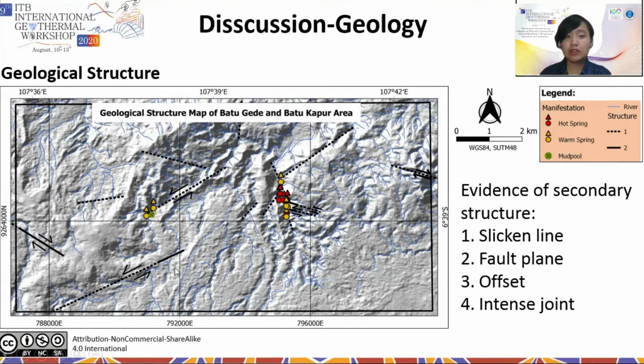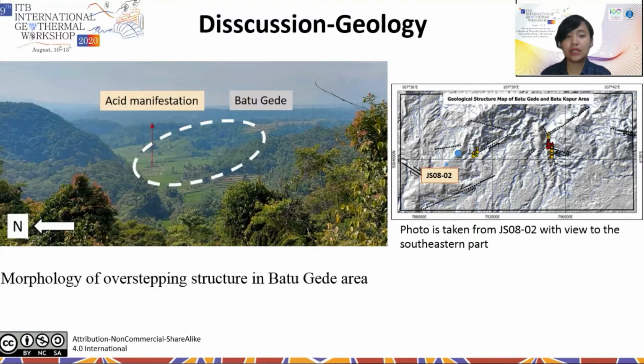We can see that the Batu Gede area is cut by a sinistral strike slip fault that results in an overstep structure around the manifestation, while the Batu Kapur area is cut by relatively north-south and west-northwest east-southeast direction faults. For more detail, we will look at evidence found in the field.